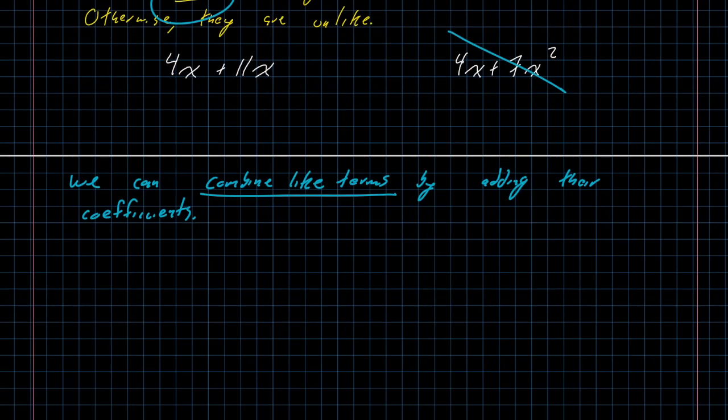So if I have 4x plus 11x, these are like terms. The coefficients are 4 and 11. I can add 4 plus 11 and get 15. No, you don't have to write that middle step out, but seeing it written out might help you understand what I'm talking about if it's been a while since the last time you have thought about combining like terms.